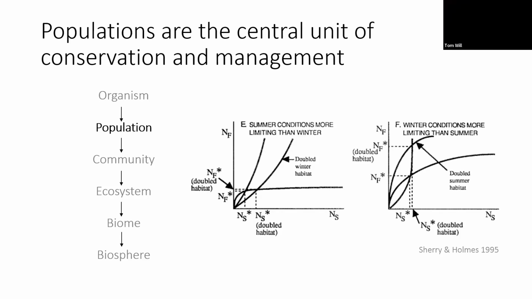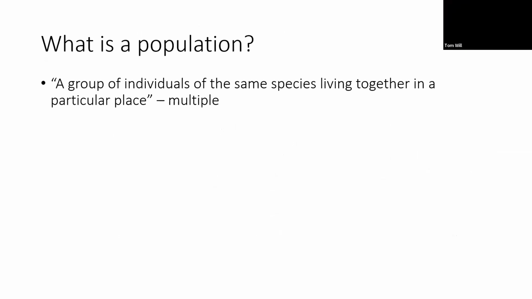And despite all of those decades, defining what a population is very difficult to do, right? There's the typical definition that you'll find in textbooks, of just a group of individuals of the same species living together in a particular place, which is conceptually useful but very difficult to actually put into practice.